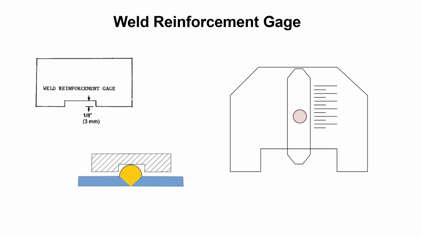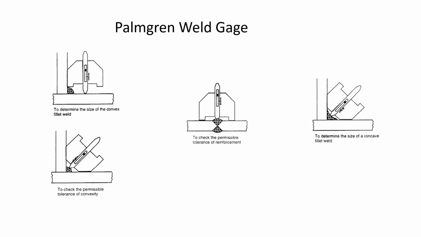There's a couple of different styles, but we use these to see if we've put in enough or too much filler material. We don't like welds really humped up like that yellow weld in the lower left, because that induces stress risers and we can have weld cracking at the toe of the weld. There are different types of these, but this is the general theory for using a weld reinforcement gauge.